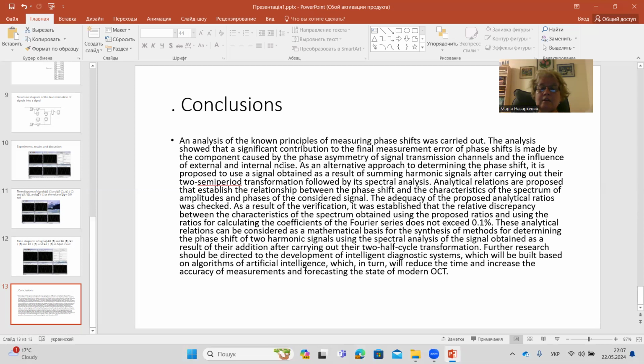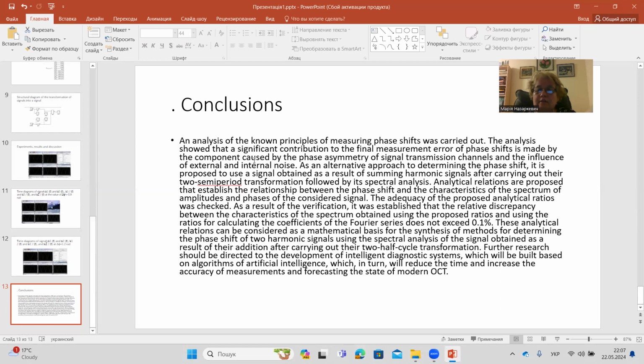As an alternative approach to determining the phase shift, it is proposed to use a signal obtained as a result of summing harmonic signals after carrying out their two half-period transformation, followed by its spectral analysis.